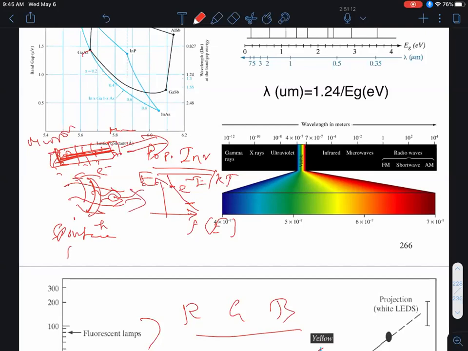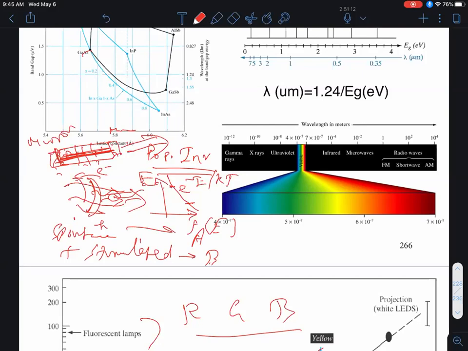But on top of that, Einstein said that you could also have a so-called stimulated emission component. These are given by the so-called Einstein coefficients, A for spontaneous and B for stimulated. The stimulated emission is light output which is triggered by the photons themselves.